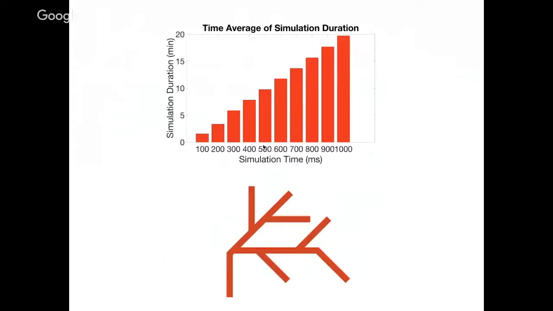It's only essentially 1 second, and it took 20 minutes, and it was also a very small neural population. So this is great, but is there a way that we can go simpler? Can we make the model simpler, where we're just concerned with the qualitative behavior of the neuron, just to understand what's going on?